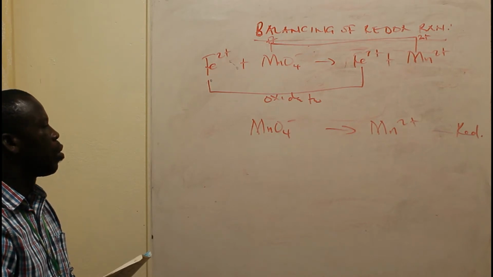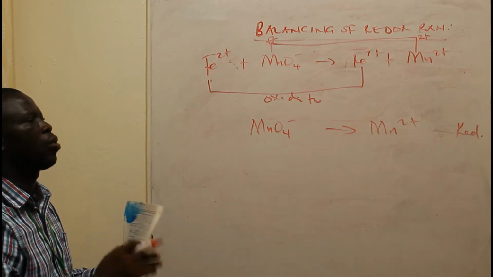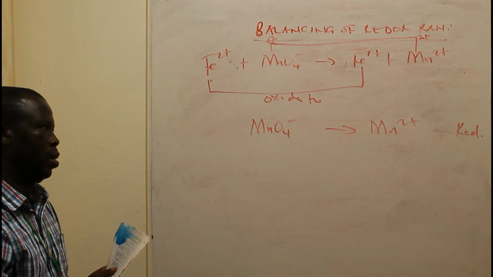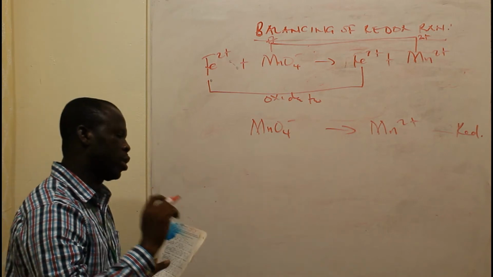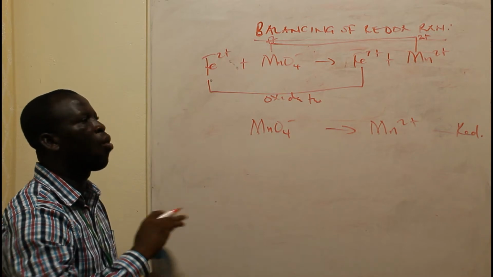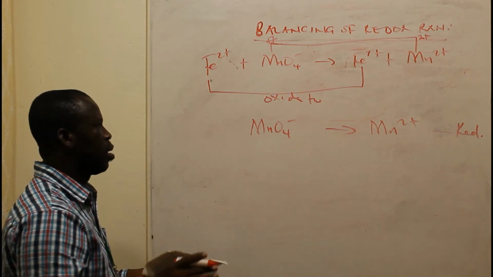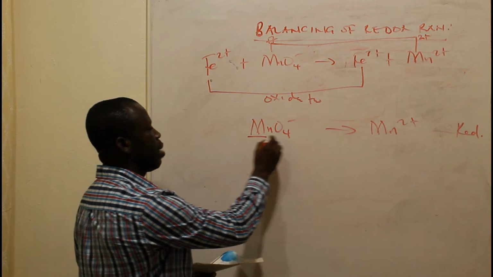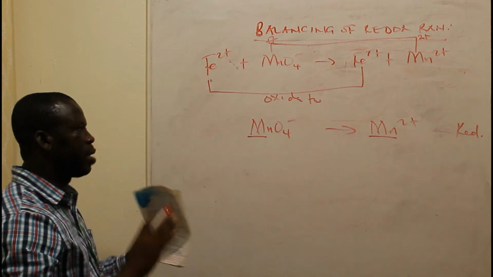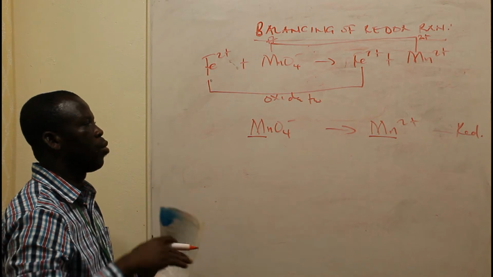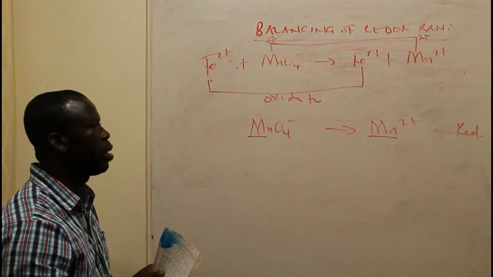Now, we first balance all atoms. Apart from oxygen and hydrogen, we balance all atoms. Fortunately, the manganese on both sides is balanced. So we are done with that one.